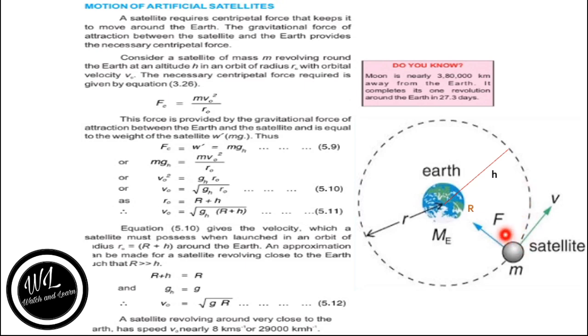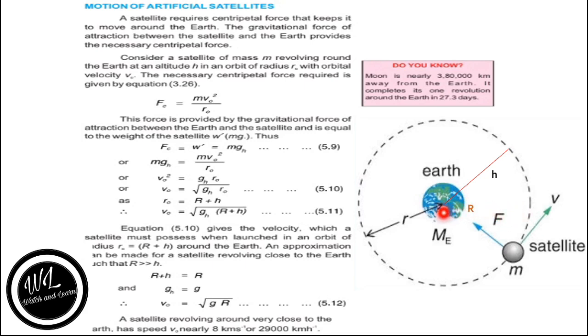The formula of centripetal force is Fc equals m v naught squared over r naught. Velocity is v naught because it's an orbital velocity, and the radius is r naught because the satellite is moving in an orbital path. Orbit means imaginary path.